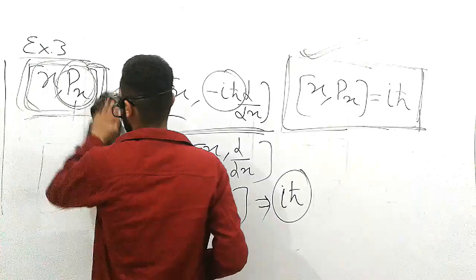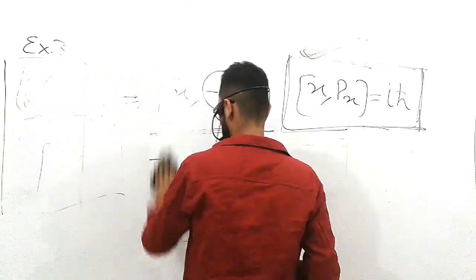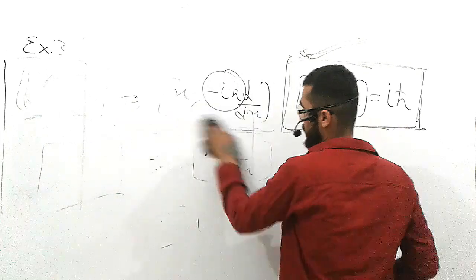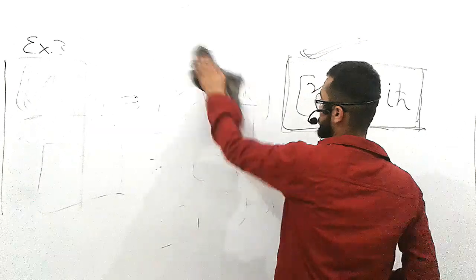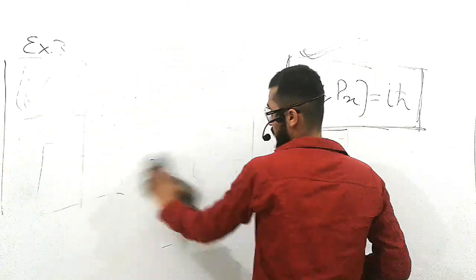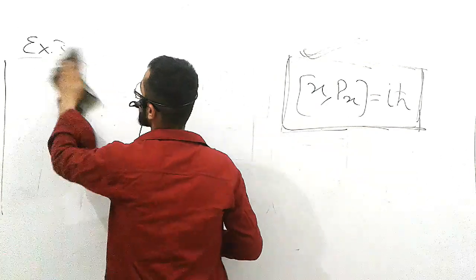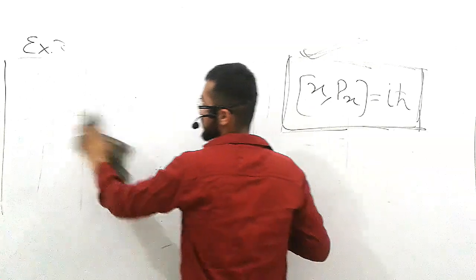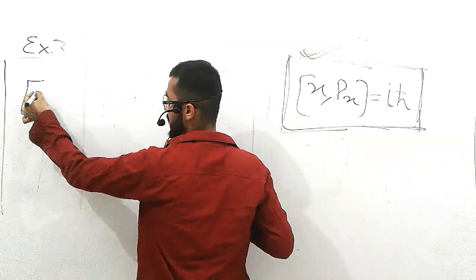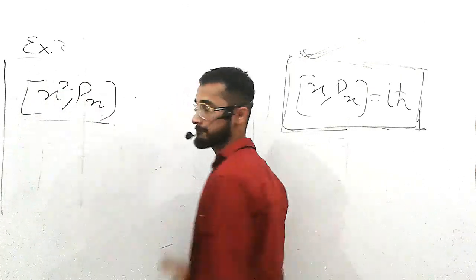Now, the next example will be based on example number 3, and we will take it in a simple way. Look how I solve it, and you will solve all other examples the same way I solve. Now I take x square and px.